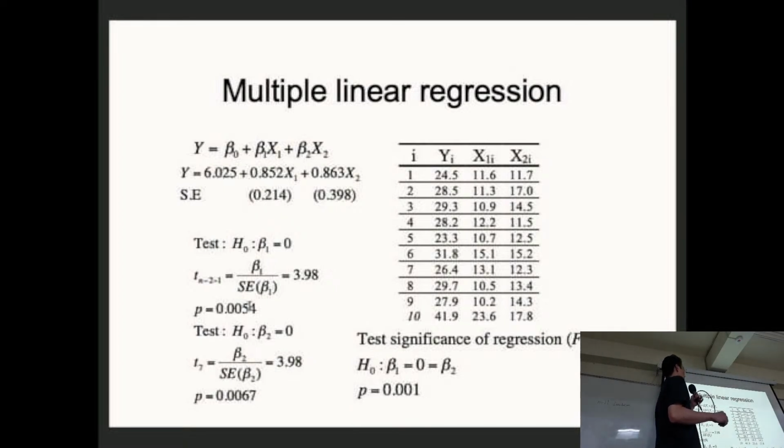A very simple example, if x1 and x2 are two independent variables, okay? x1 and x2 are two independent variables, and y is a response variable. Then I just need to randomize this one and this one independently, because x1 and x2 are independent.